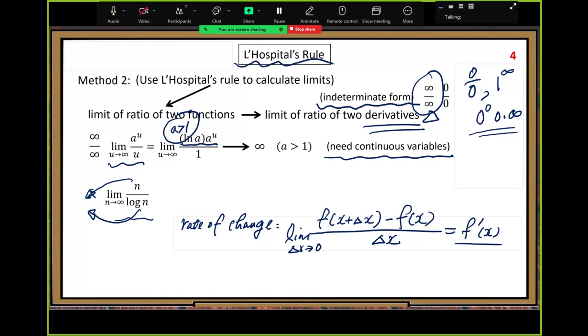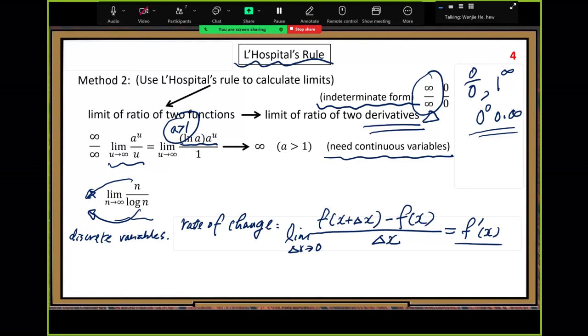Okay? So here we call the variable one that can only take discrete values. These two functions have discrete variables.